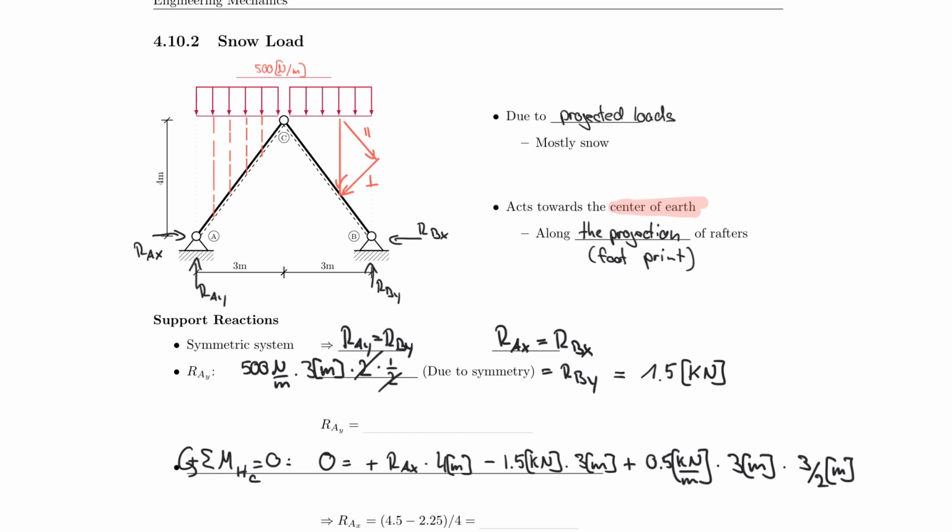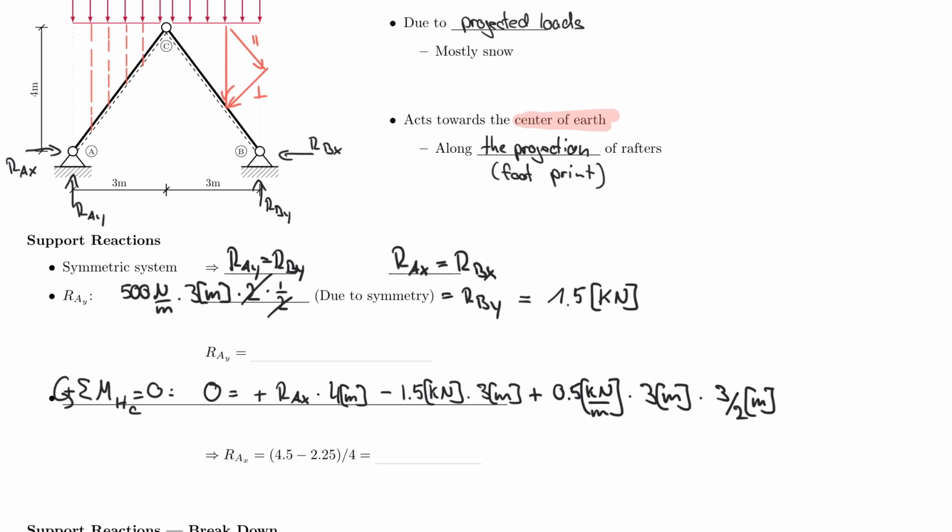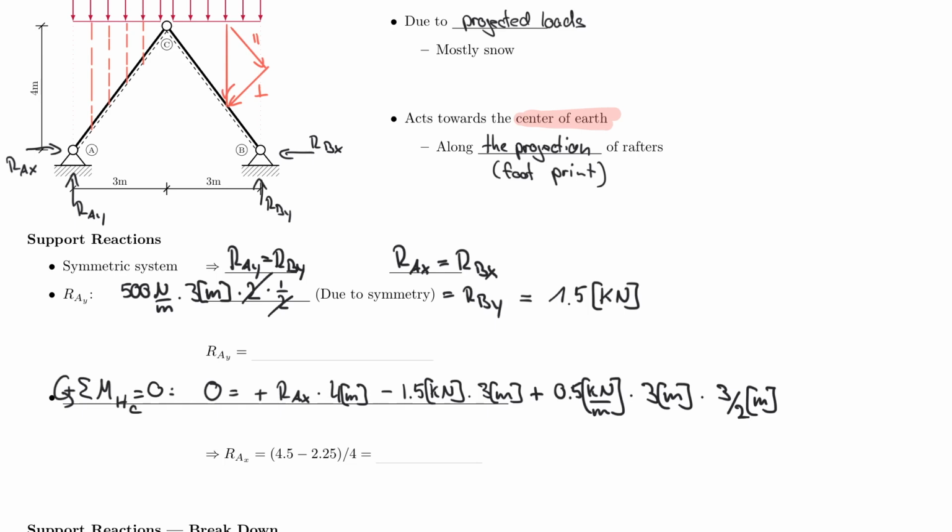And so now I created my full equilibrium equation, which now means that RAX is equal to 4.5 minus 2.25 divided by 4. So ultimately, RAX is equal to 0.5625 kilonewton. And that also happens to be equal to RBX. Remember the symmetry.